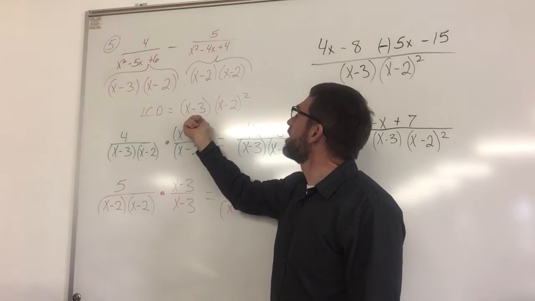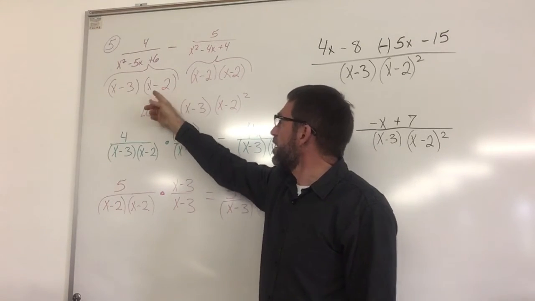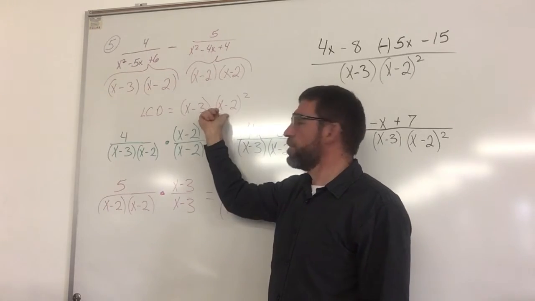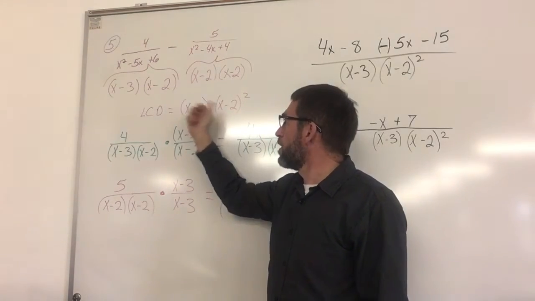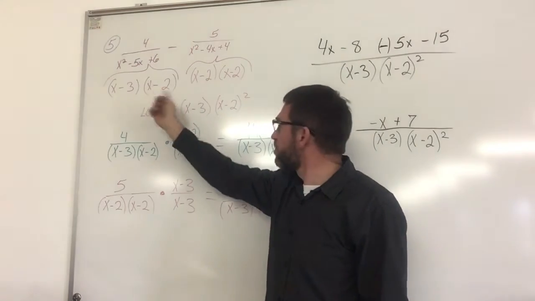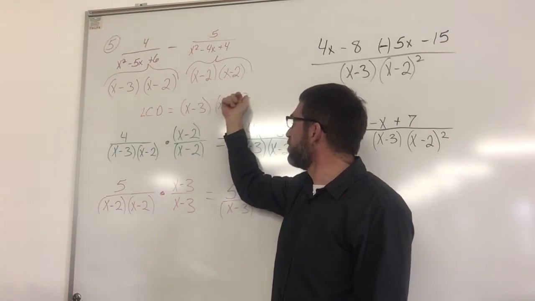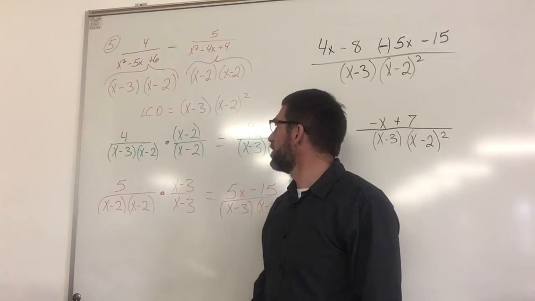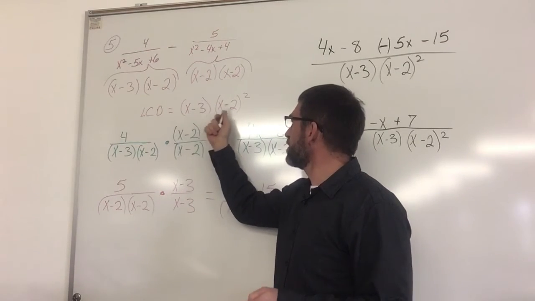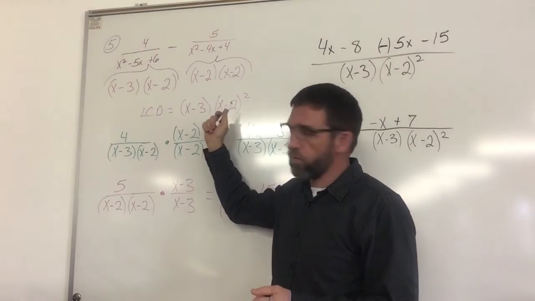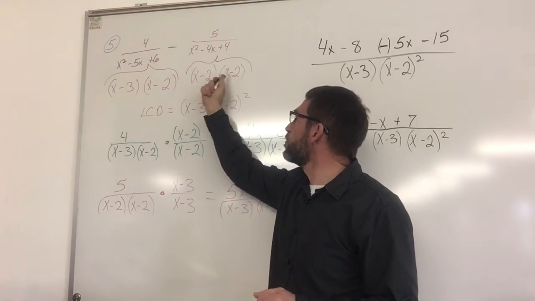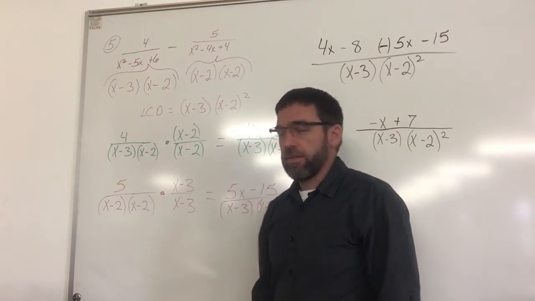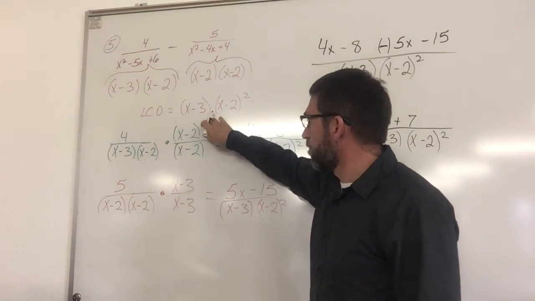Is x minus 3, and I don't choose this one because there's two of them here, so I bring them down to here, and that one there I just throw him out. So it's x minus 2 is my least common denominator. It's x minus 3, x minus 2 squared. Get that squared there on there. Don't forget that because there's two of them here. Now, that's my bottom number right there.